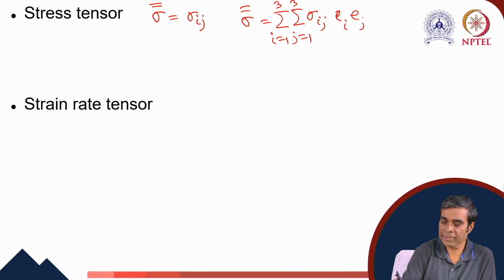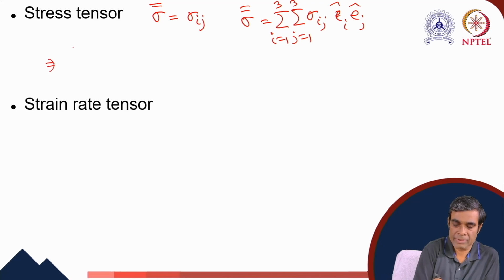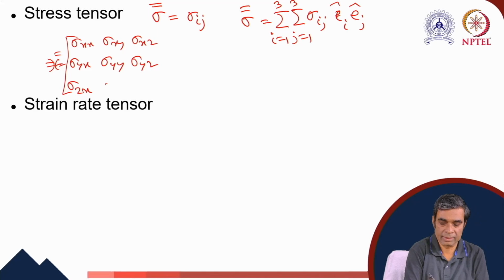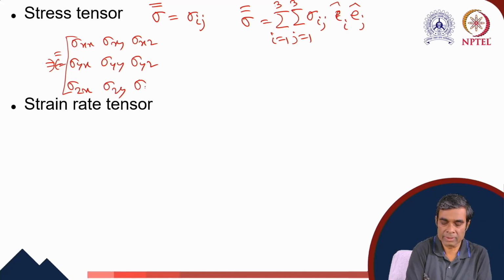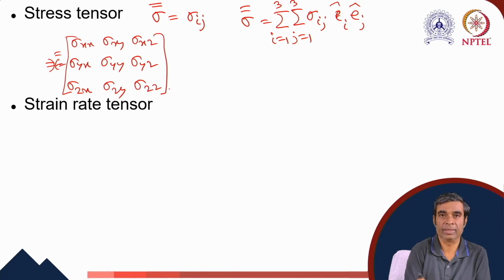Then we consider the dyad ei cap ej cap, and we have the 9 components of sigma double bar in 3 dimensions: sigma xx, sigma xy, sigma xz, sigma yx, sigma yy, sigma yz, sigma zx, sigma zy, sigma zz.